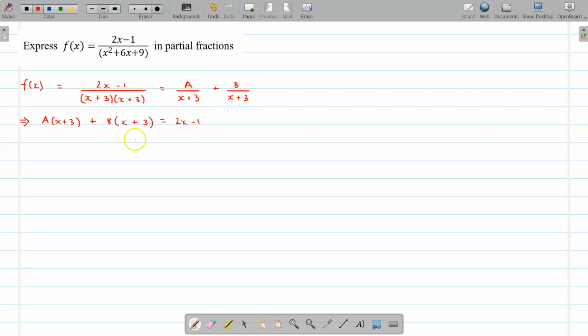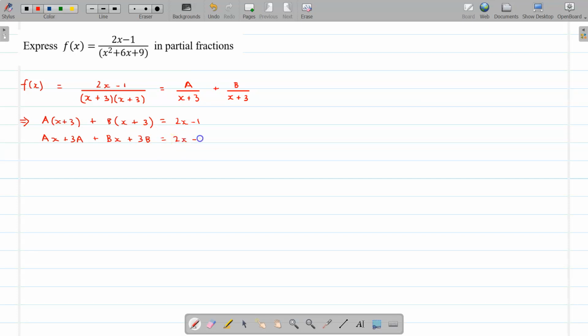So I've just taken that out. So we process it further, and that would give us ax plus 3a, plus bx plus 3b would equal 2x minus 1.